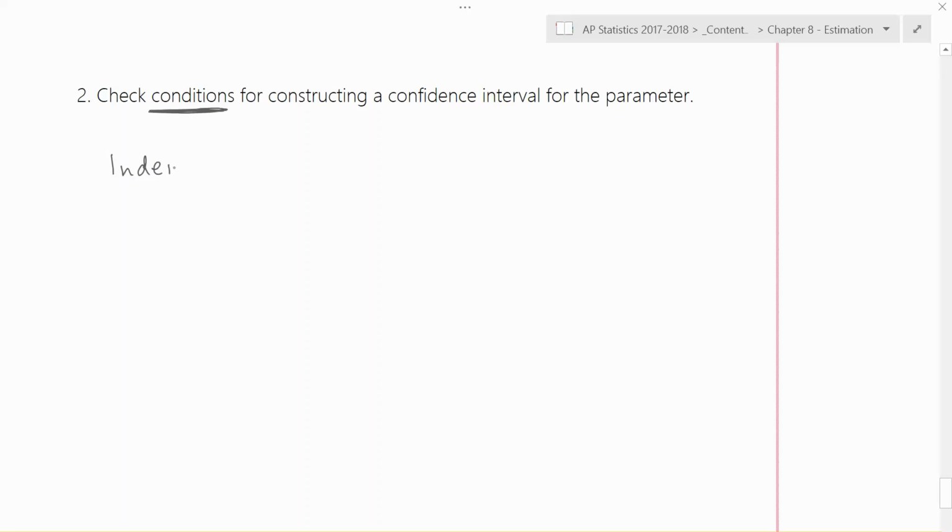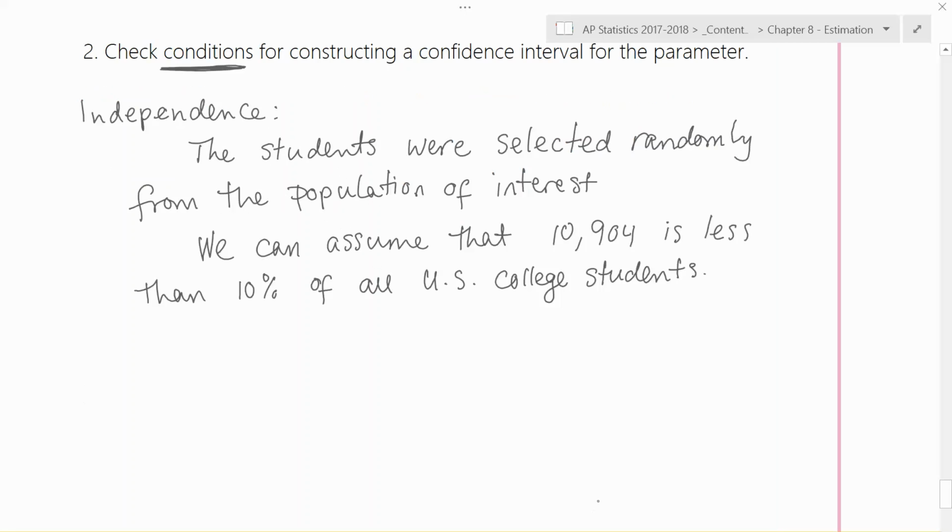So when checking independence, we have to think of just a couple of things. There are 2 ways the observations can be classified as independent. One, we have to check to make sure the students were selected randomly from the population of interest. And we also are going to have to check the 10% condition.